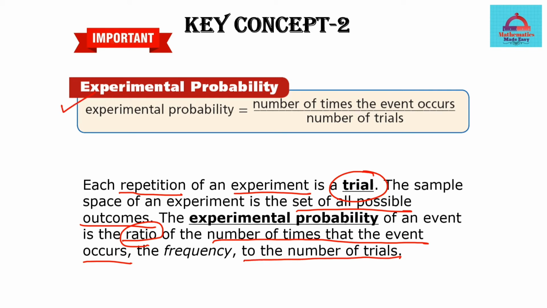The experimental probability is a real-time probability where you are actually conducting the experiment, and then you calculate it by taking the number of times the event occurs divided by the total number of trials. Let's now use this formula to solve the problem.